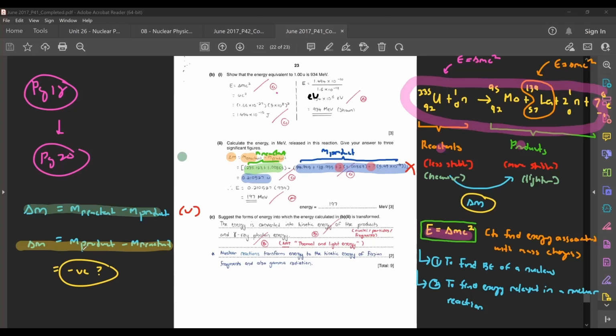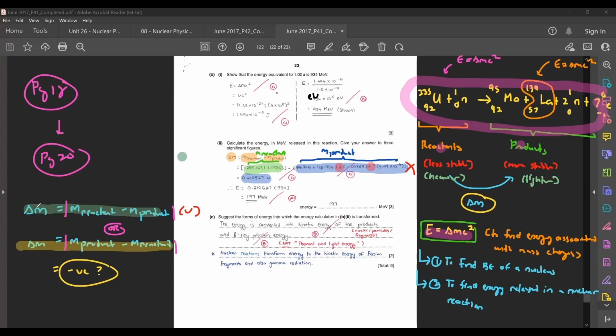If you're concerned about whether it should be mass of reactant minus mass of product, and somehow have difficulty recalling which one should be which, just don't bother. Take either one, just modulus it. If you really do not want the negative to be in the way, just modulus the whole equation, then the issue will be solved.